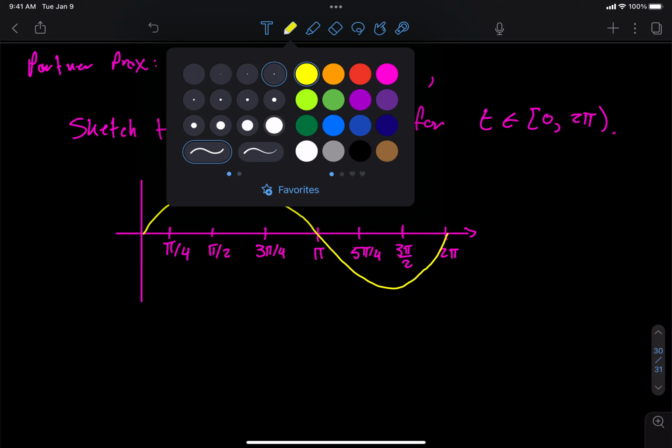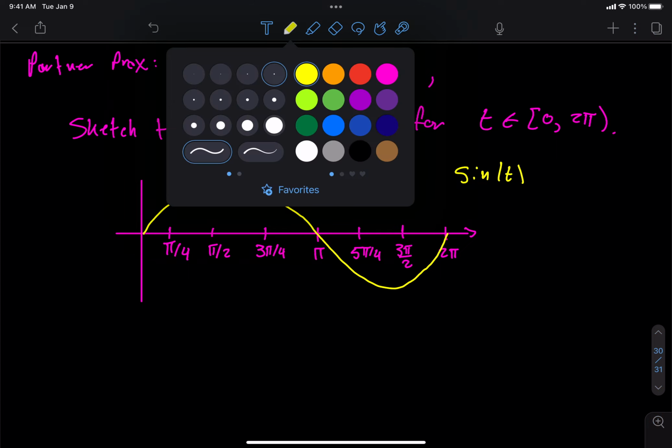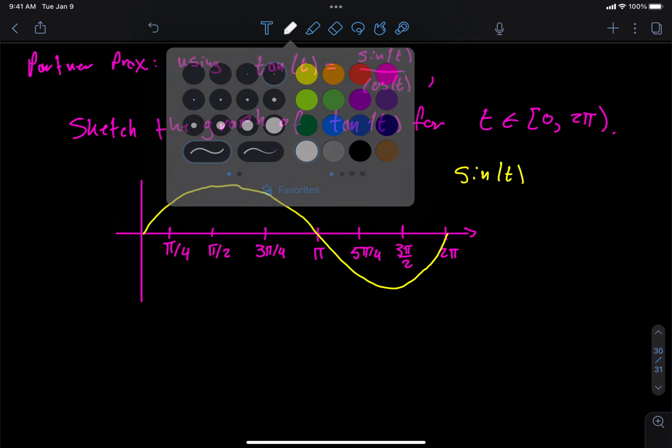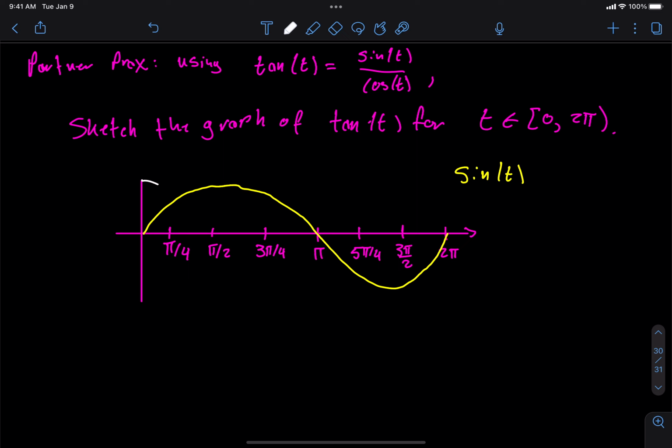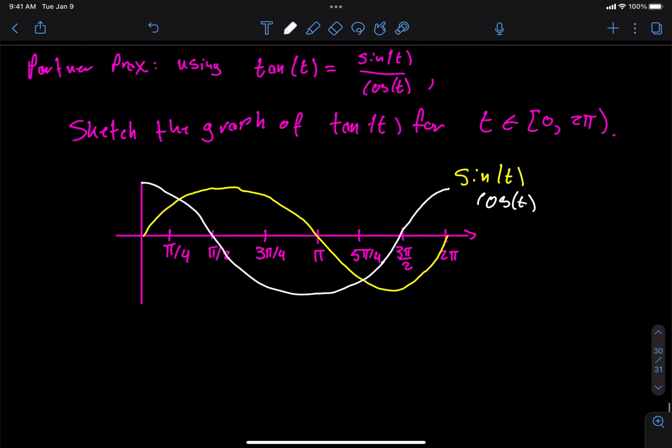And cosine looks something like this, right? Cosine of t. Okay, so with this in mind, go ahead and work with a partner. See if you can get the graph of the tangent function. And spoiler alert, it's not going to look quite so nice.